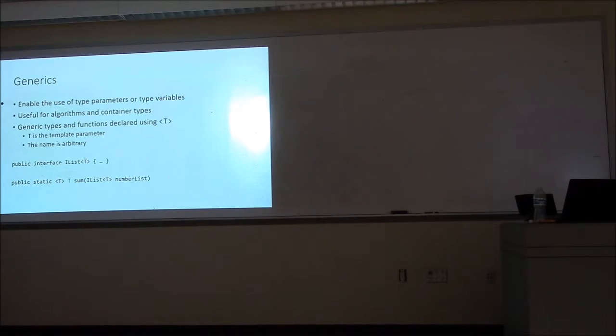So because this is a static method, if it's going to be generic, you have to introduce the type parameter in the method signature. And then you can use it in the rest of the signature. So we introduce T here, and then T is the return type. And it's also used as the argument of the IList parameter numberList.